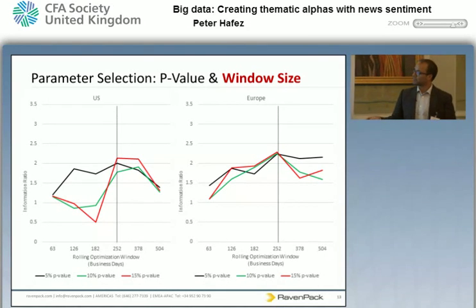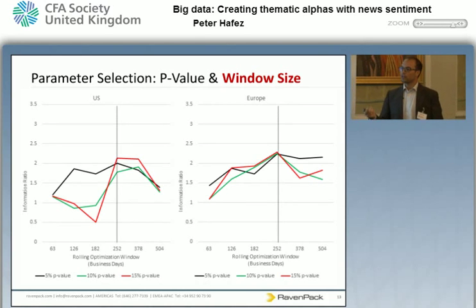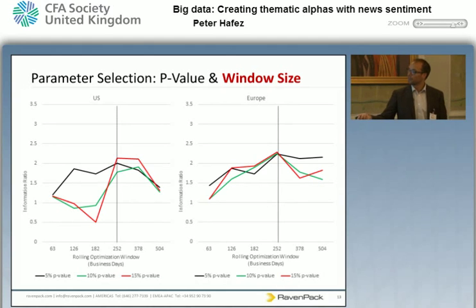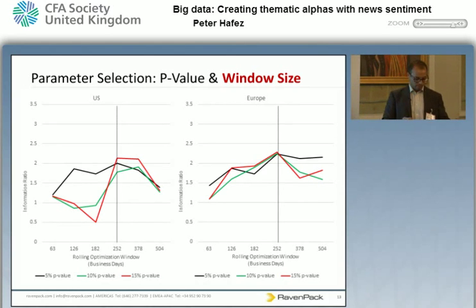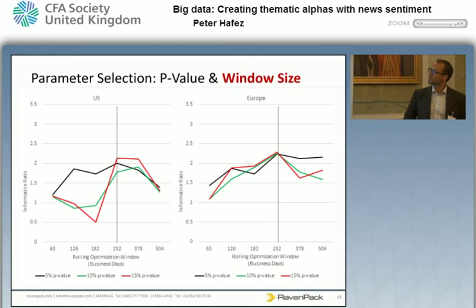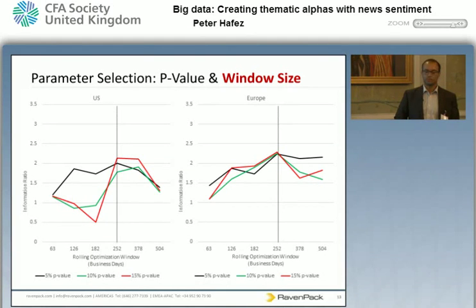We measured our covariance matrix as well as our expected returns based on looking back 3 months, or looking back up to 2 years. And these were the information ratios that we achieved doing so for US large cap and European large cap.